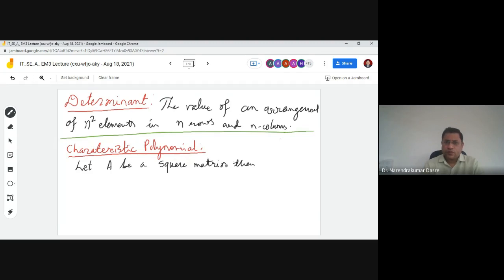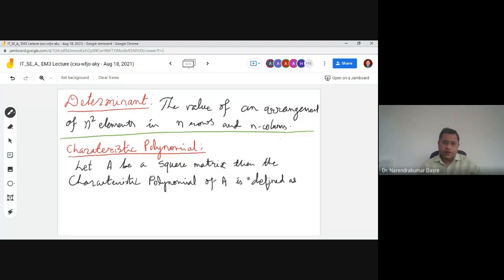Then the characteristic polynomial of A is defined as the determinant of A minus lambda I. We are familiar with this notation. This is lambda; we call it lambda.